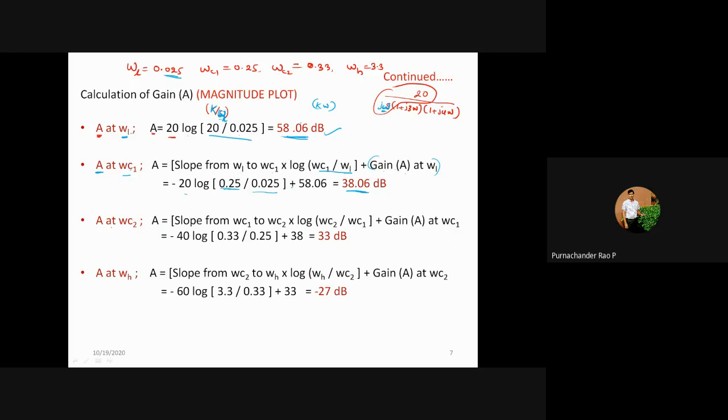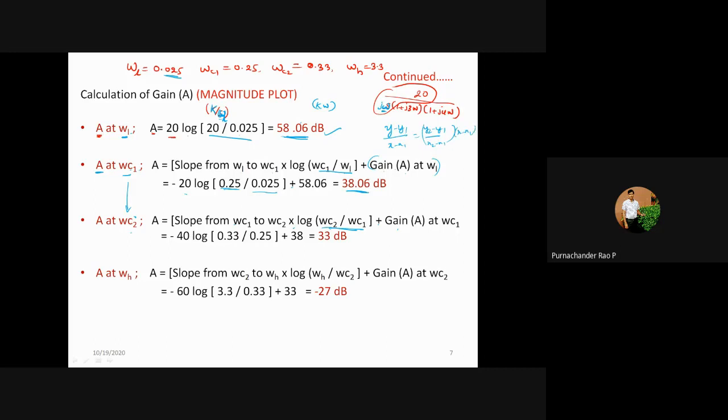Okay, next we'll come to C2. C2 is nothing but again the slope from omega C1 to C2, then log of omega C2 by omega C1, plus gain at omega C1. So this is actually the formula y minus y1 by x minus x1 is equal to y2 minus y1 by x2 minus x1 into x minus x1.